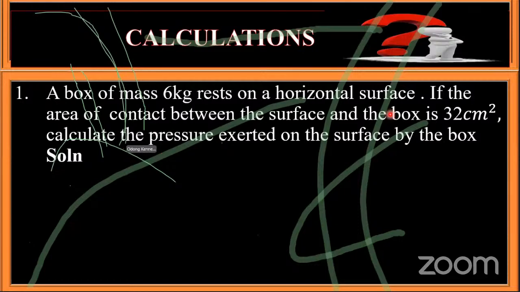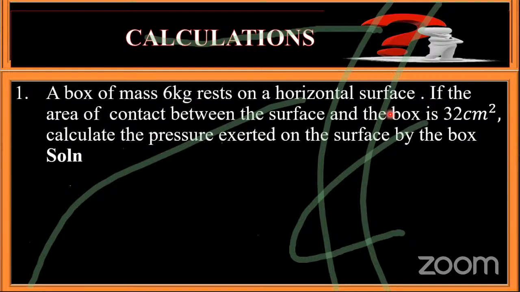In senior 1, we saw that when you sit on something that supports you freely, there's always a force you exert on that object, and that force is called weight.